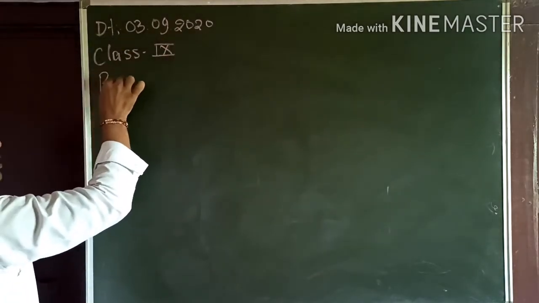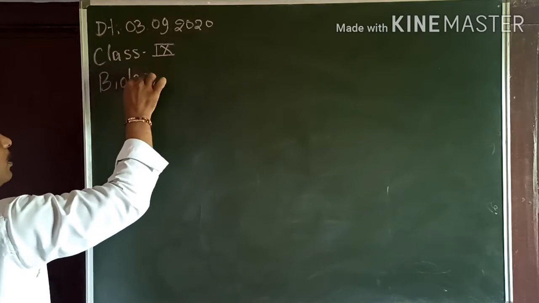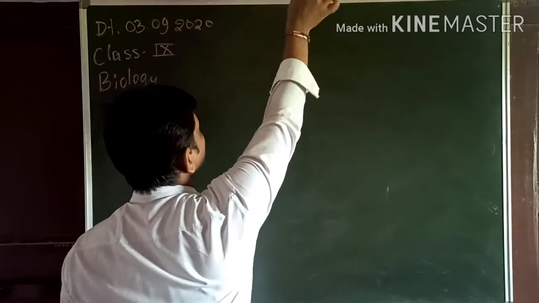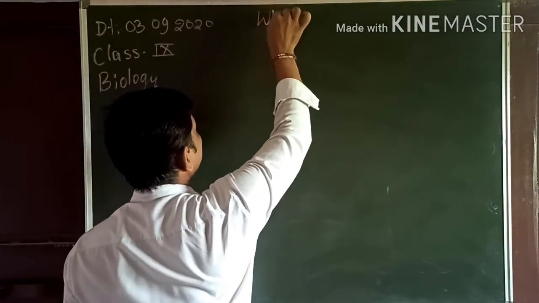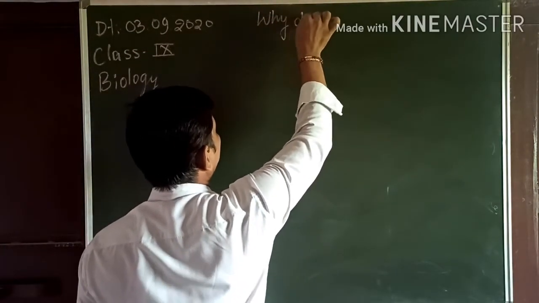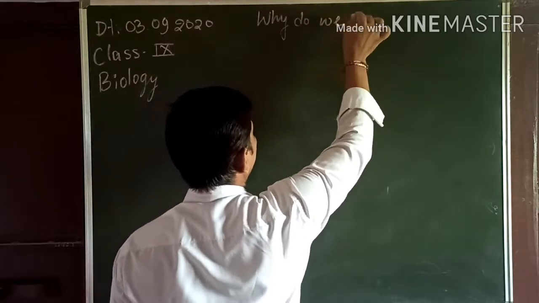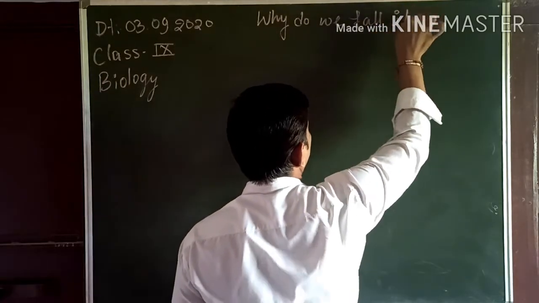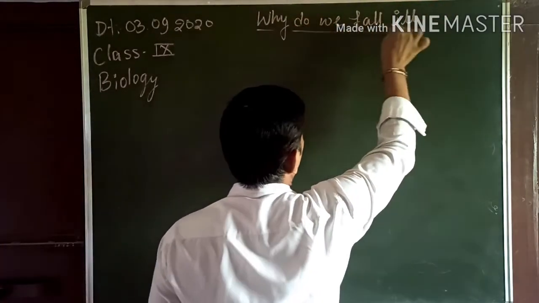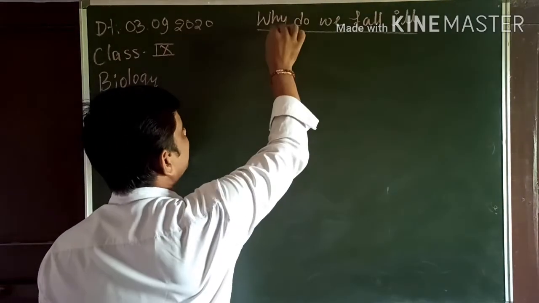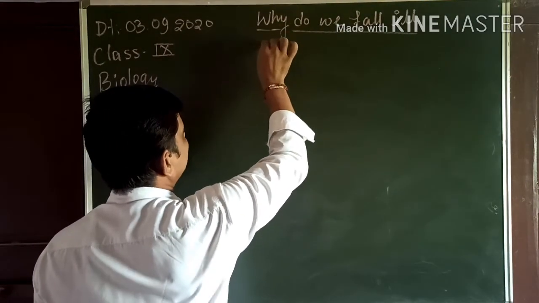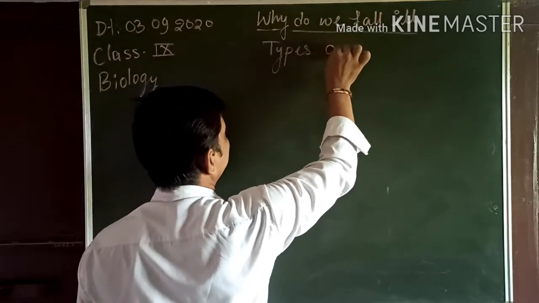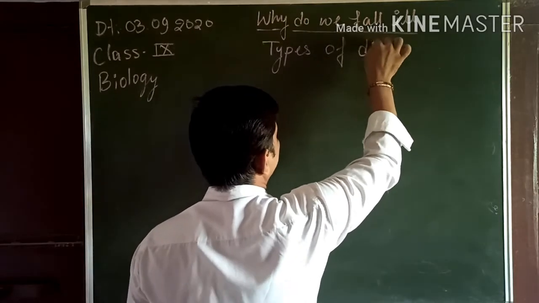It is the class of biology and the chapter name is Why Do We Fall Ill? And our today's topic is types of disease.